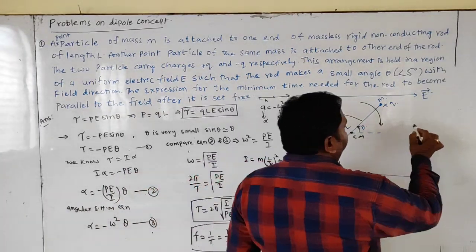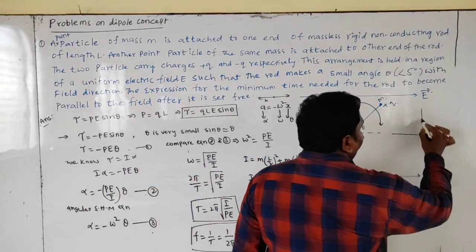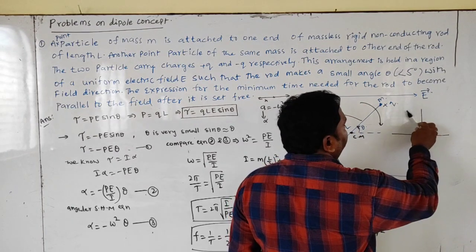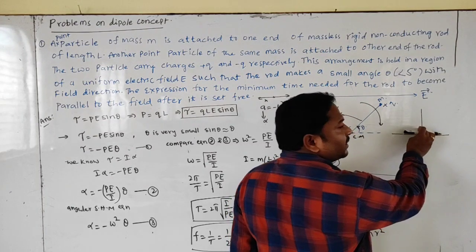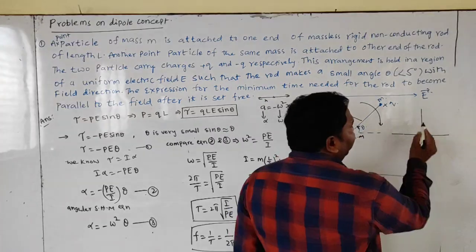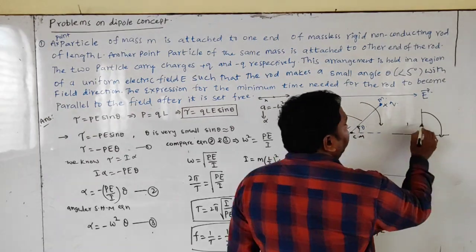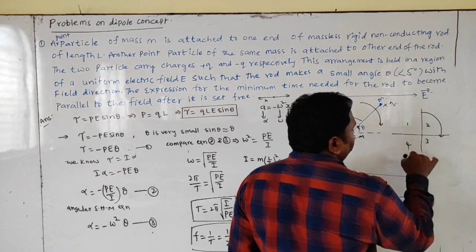See, the time period means if it starts and completes one revolution, it takes time T. But when it goes from here to here, how much time is taken? How many parts are there? 1, 2, 3, 4.